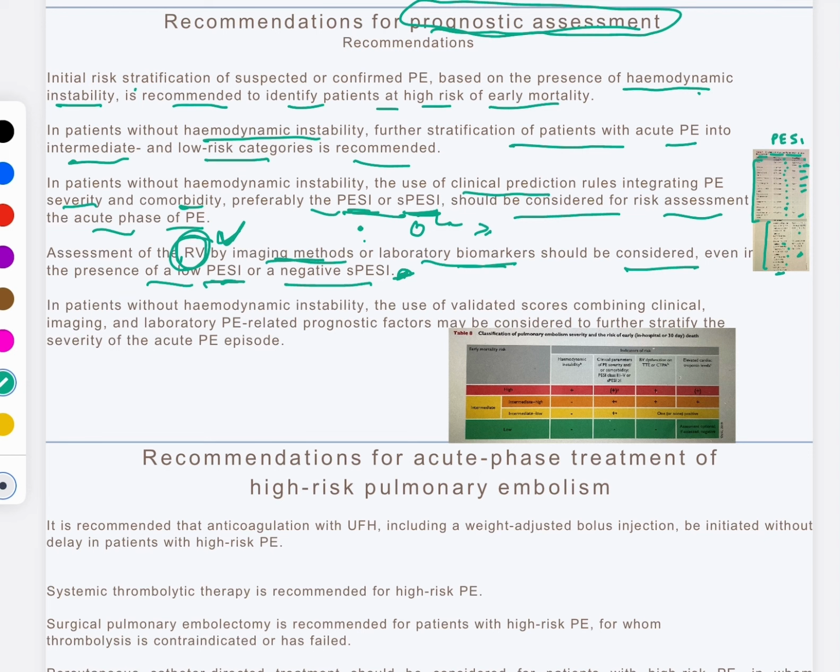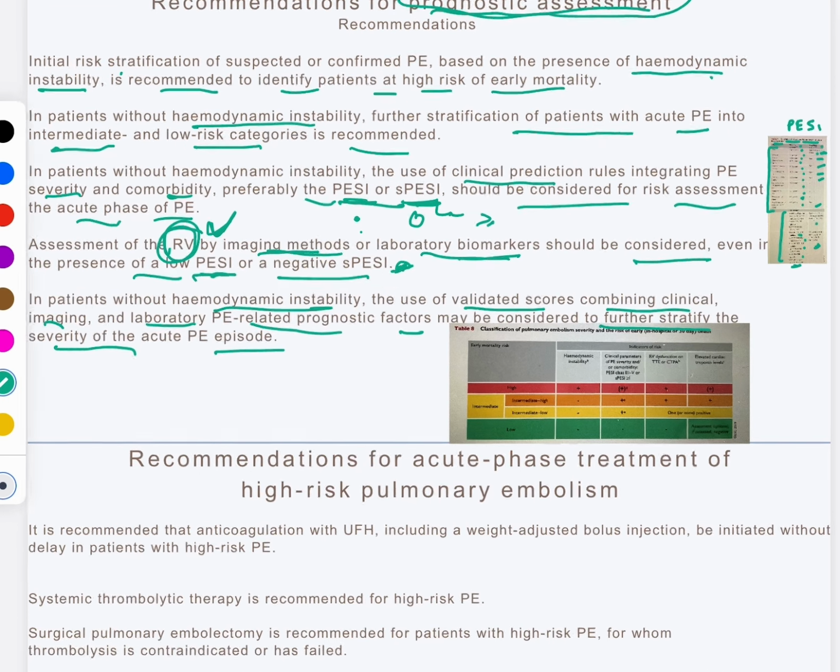In patients without hemodynamic instability, the use of a validated score combining clinical, imaging, and laboratory PE-related diagnostic factors may be considered to further stratify the severity of acute PE. And how to do that?